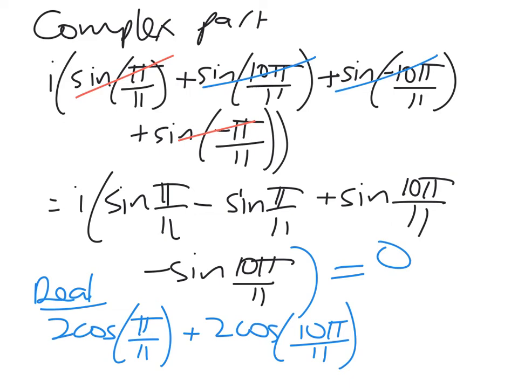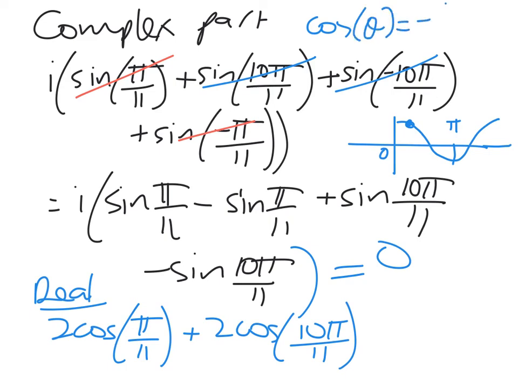But if we just take another look at our trig graph, we can see that here's 0 and here's pi. Cos of theta is equal to negative cos of pi minus theta. In other words, cos of pi on 11 up here is equal to negative cos of 10 pi on 11.